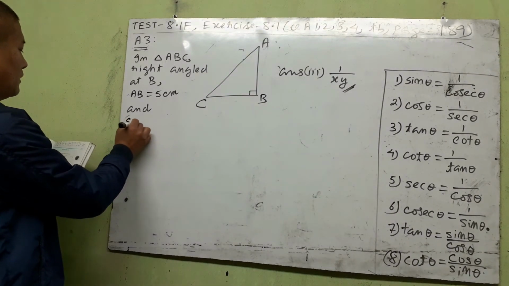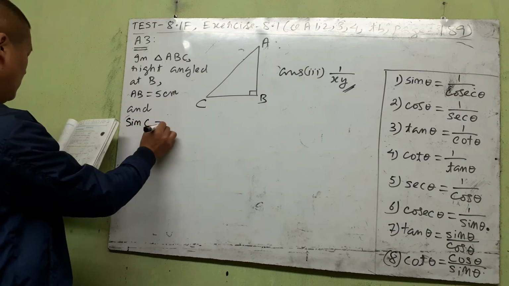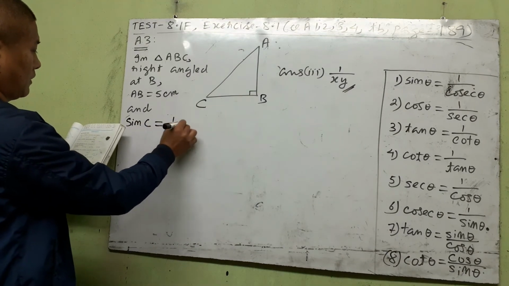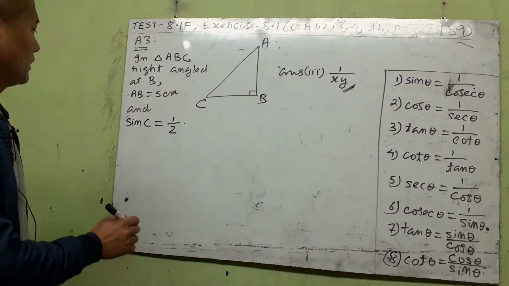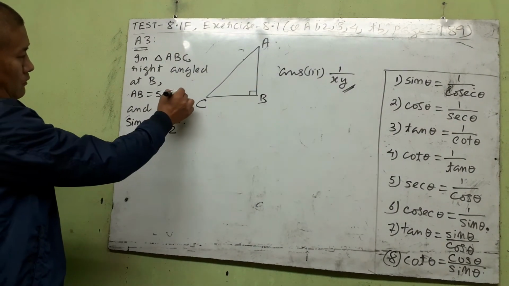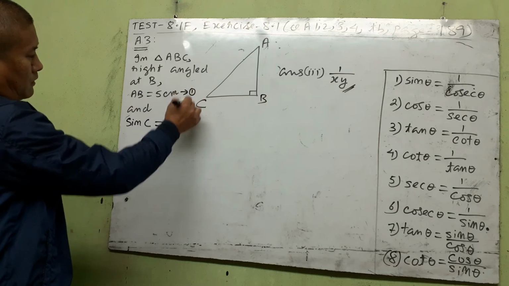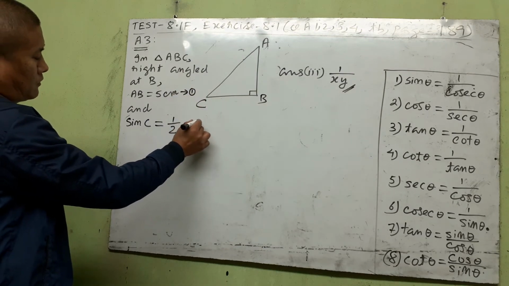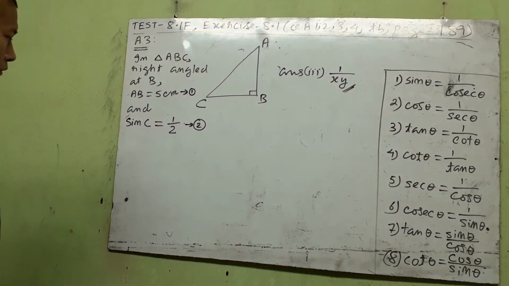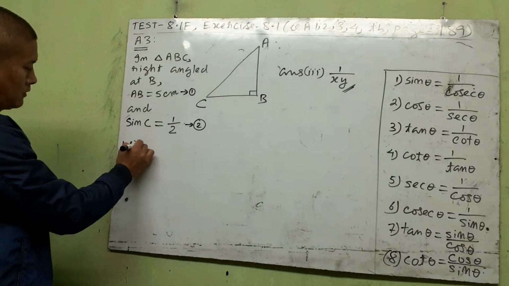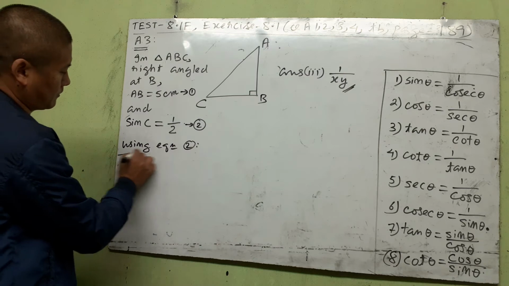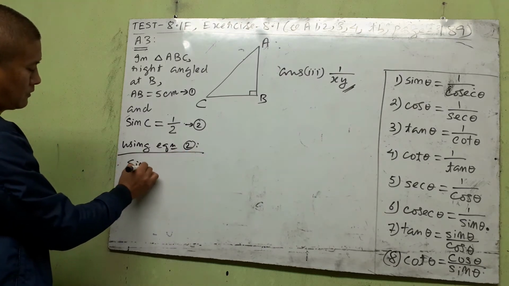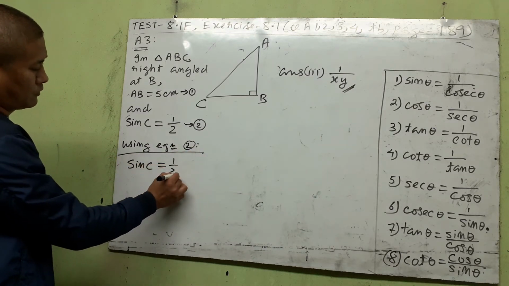So write sin C is equal to 1 by 2. Let us put this one here as equation 1, and let us say this one is equation 2. Using equation number 2, sin C is 1 by 2.